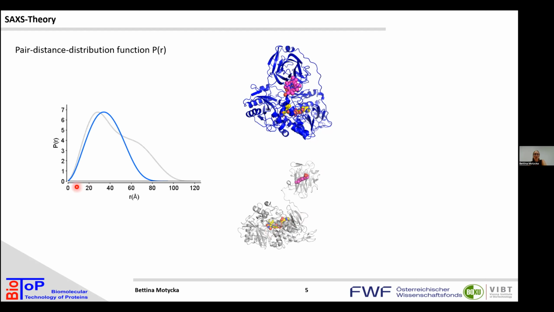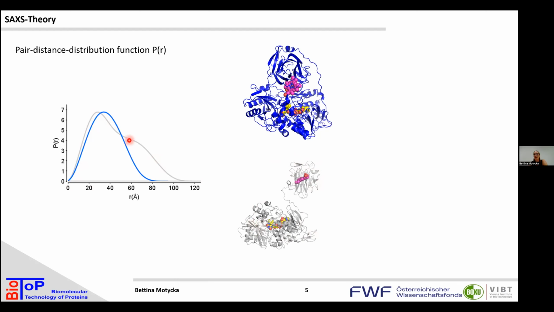So in blue, you see the P(r) function for the closed state, which is similar to a globular protein, as you can see, kind of a Gaussian distribution. In case of the open conformation, you see it's a little bit different. First of all, this peak is a little bit shifted towards lower distances, because in this peak only the distances within the domains appear. But what I think is really noticeable is this shoulder.